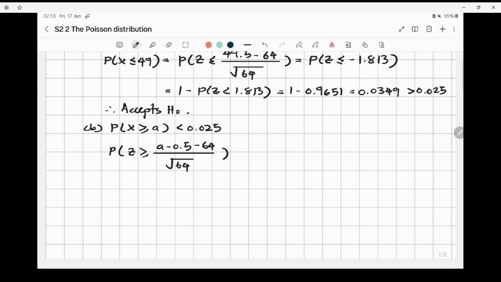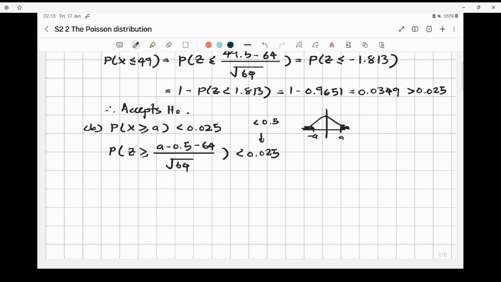So over here, because this is less than 0.5, the only way this can be true is if, let's say, your a is either here or here, right?